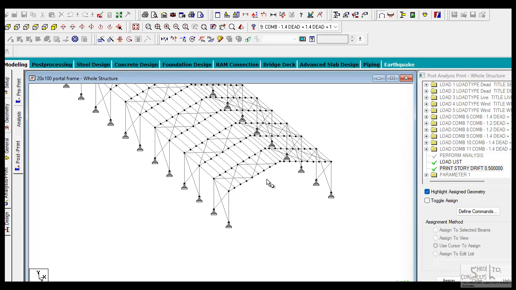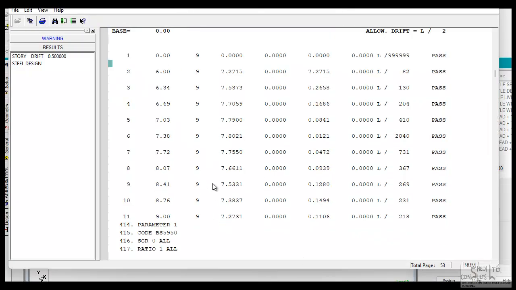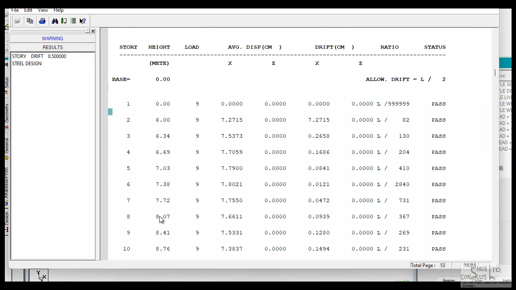So at every joint, it subdivides your structure into arbitrary horizontal planes. In this case, I will have 1, 2, 3, 4, 5, 6, 7, 8, 9, 10, 11, about 11 planes, assuming I did not miss out any other horizontal joints. You can see it has subdivided the structure into 11 planes.